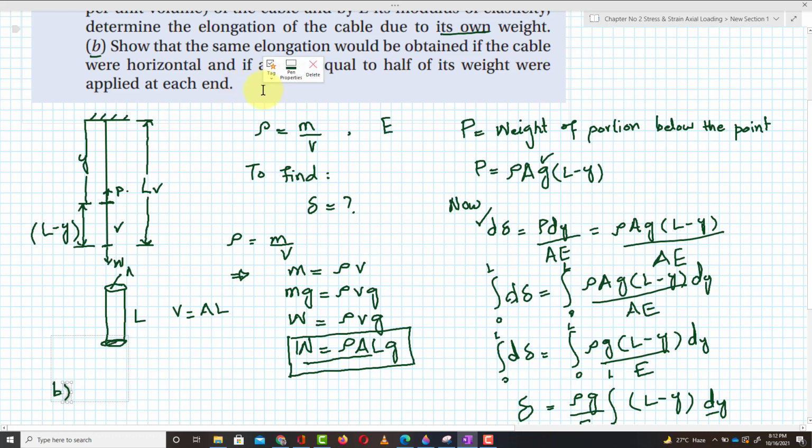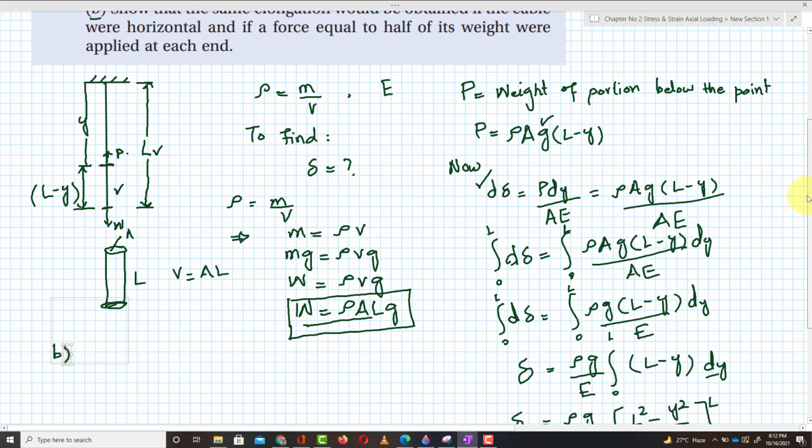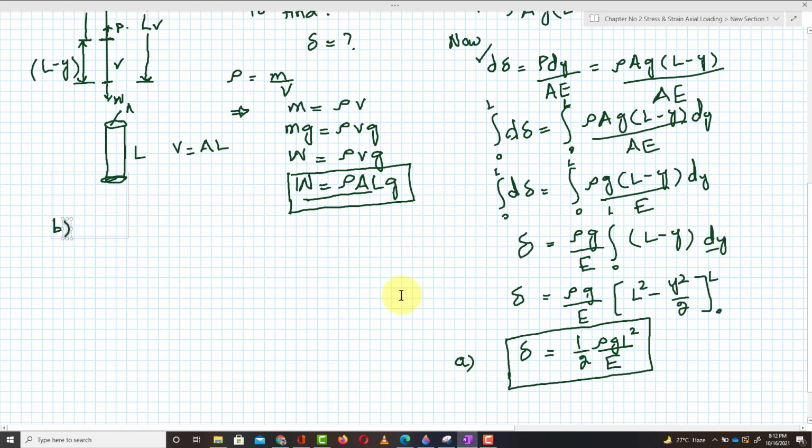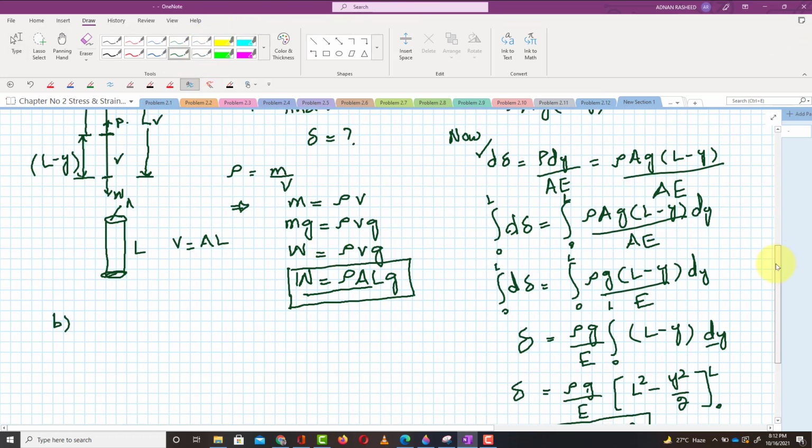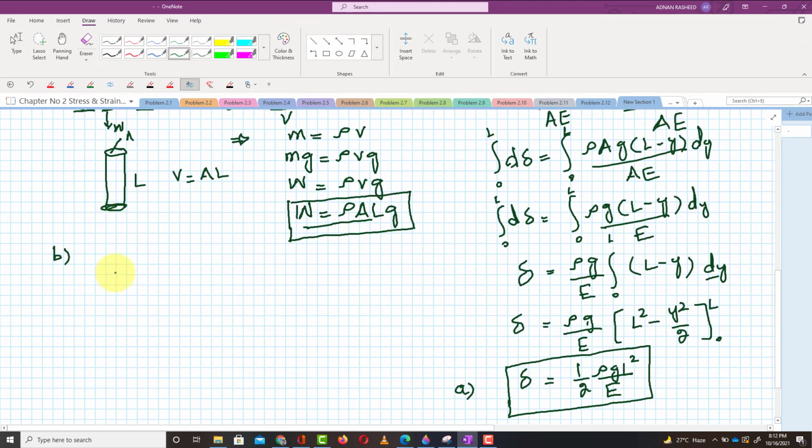Now the cable is taken as horizontal and the same elongation has been achieved for the beam. So the total weight of the beam was W is equal to rho A L into G.